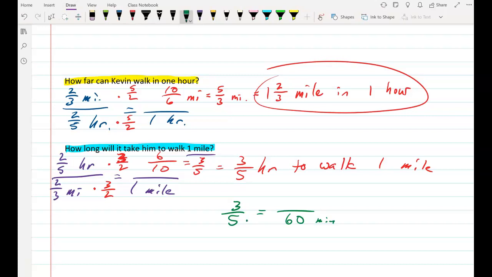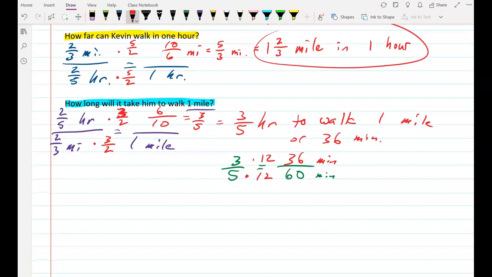Well, I have to multiply by some number. 5 times what equals 60? Well, 5 times 12 equals 60. And what is 3 times 12? 3 times 12 is 36. So 3/5 of an hour happens to be 36 minutes. All right, a little extra fun for you there.